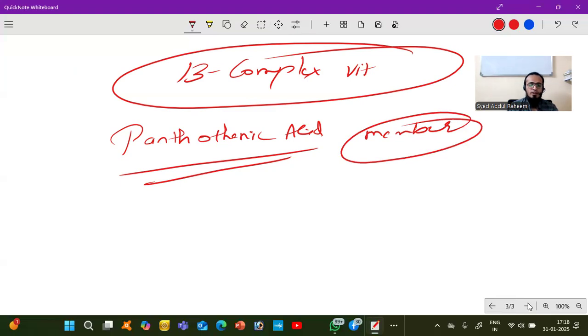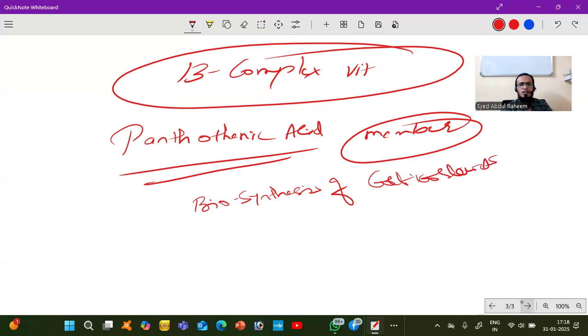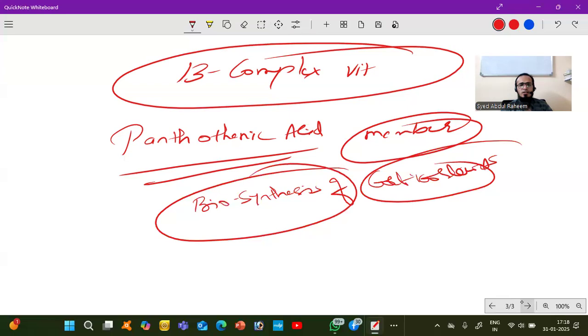What type of function does it do? It is required for biosynthesis of corticosteroids. All the steroids in the body are made from fat.